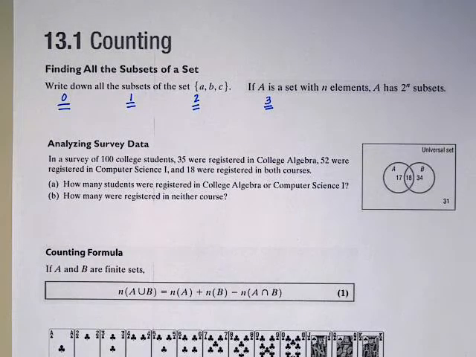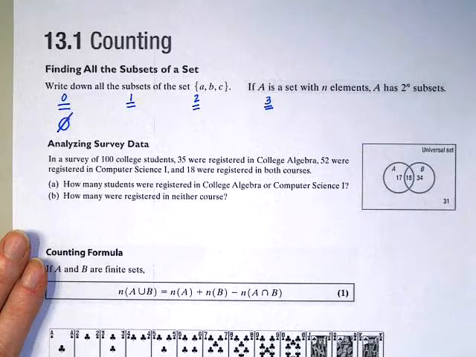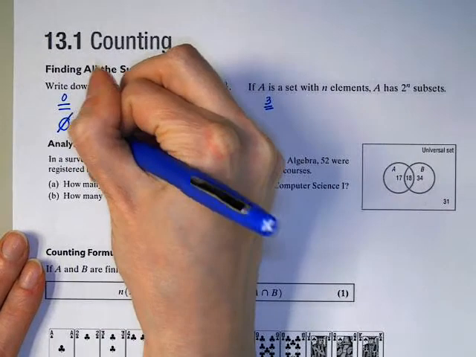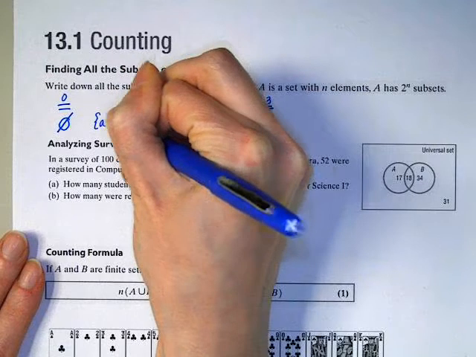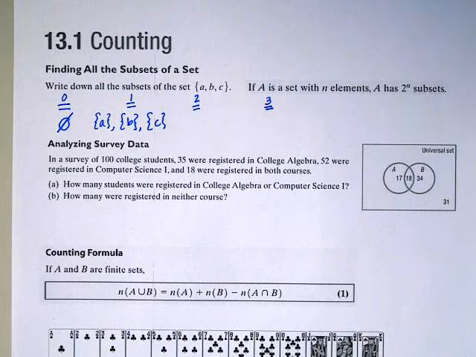If there's 0 elements, then that's just the empty set. That's the symbol. If there's 1 element, it could either be just A, B, or C. So there's 3 with 1 element in it.